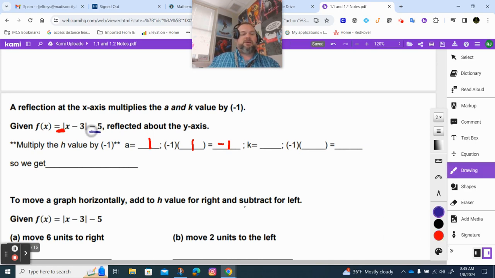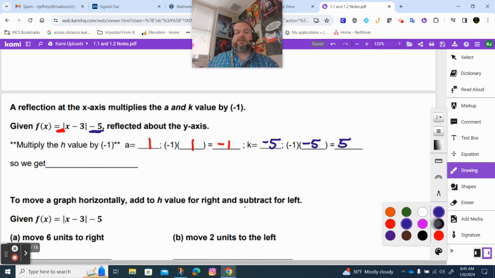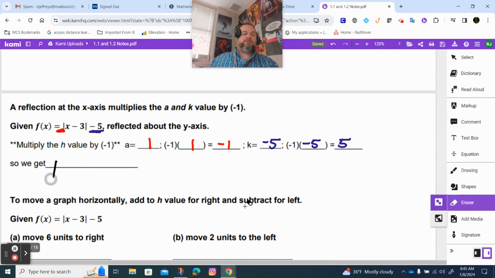What is our k value right here? Yeah, -5. What's -1 times -5? No, you were subtracting. That's the right answer if we were subtracting. We're multiplying right here, though. That's okay.